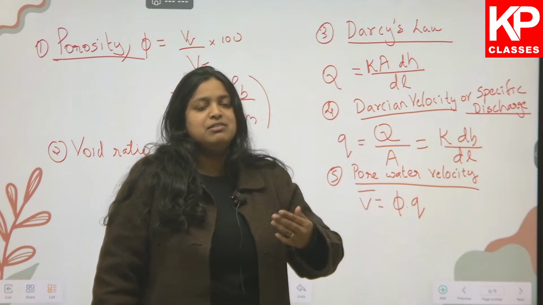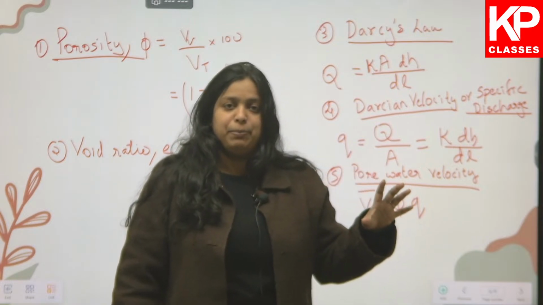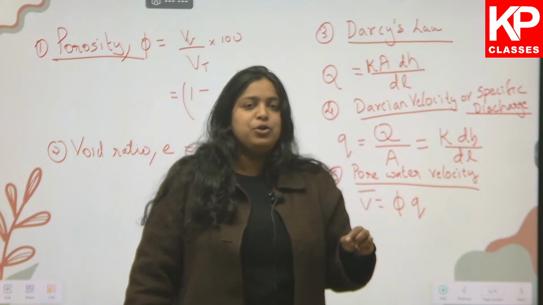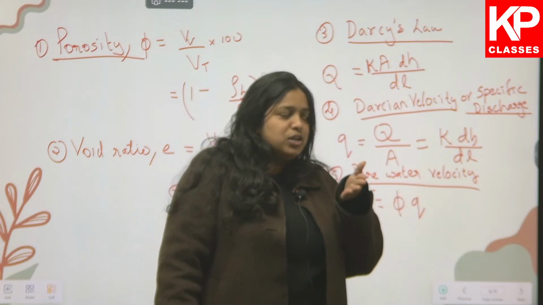Darcian velocity defines the speed if we consider the entire aquifer system as a single pipe. There we are not considering the minute lakhs of pore spaces that exist, through which the groundwater actually passes.